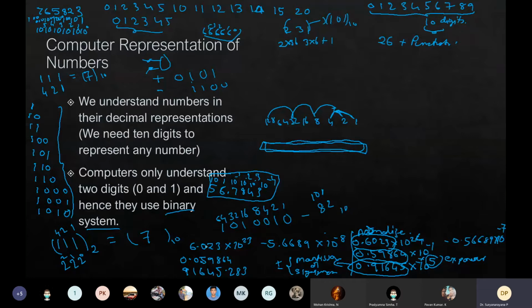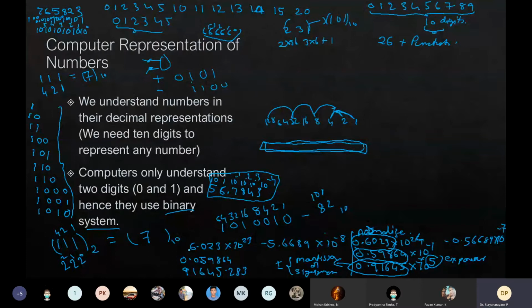You have to manipulate the number and write it in terms of 10 powers to the extent that you want to make sure that the decimal point comes in front of the first non-zero digit, the leftmost non-zero digit.